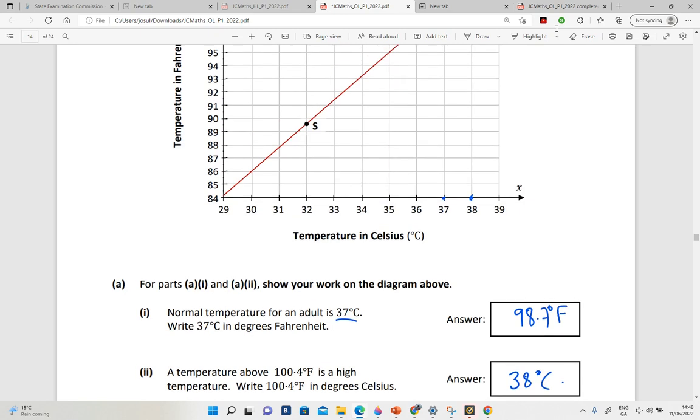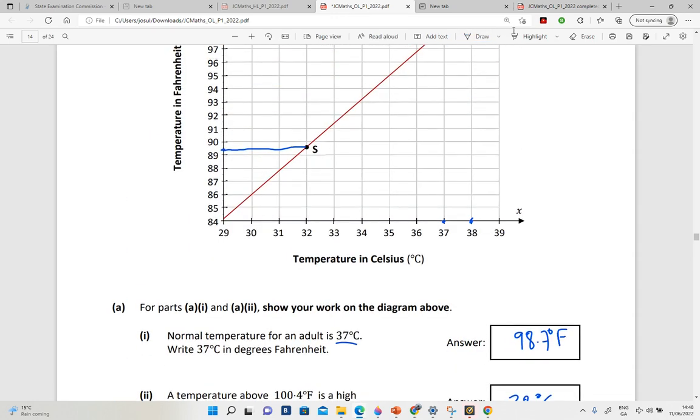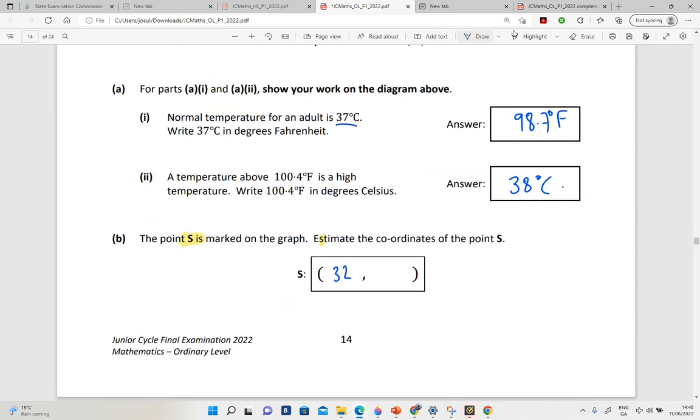So it's definitely on 32 and it's on 89 point 6, I'm going to say, slightly above halfway. So 32 is the x because that's the Celsius. So that's what they're looking for there.